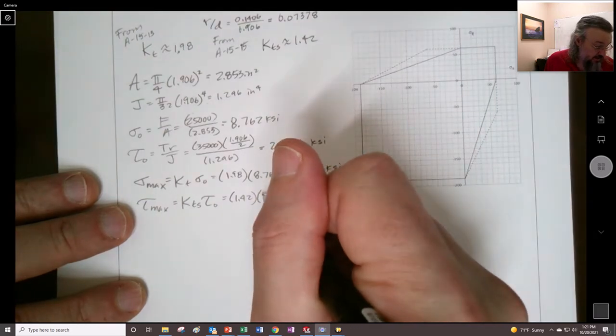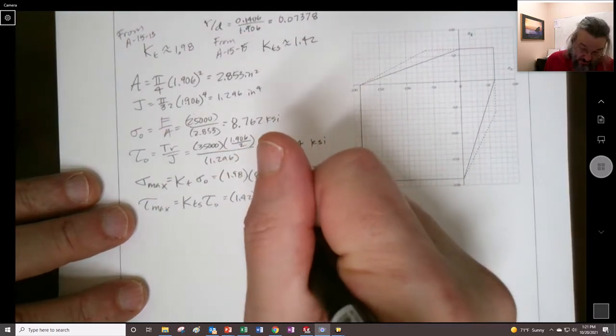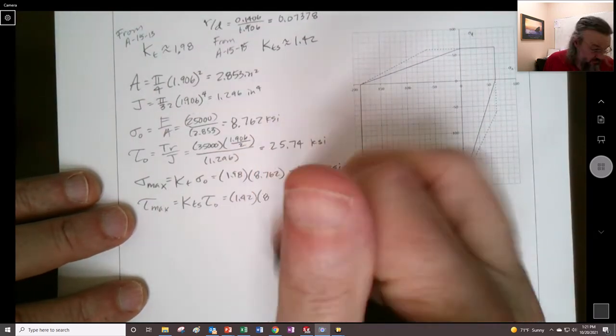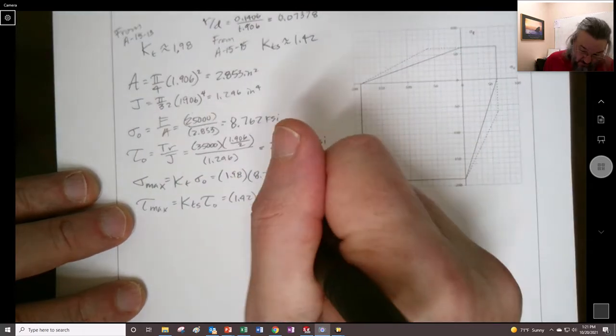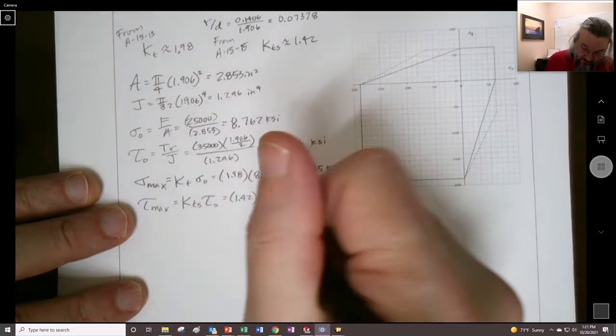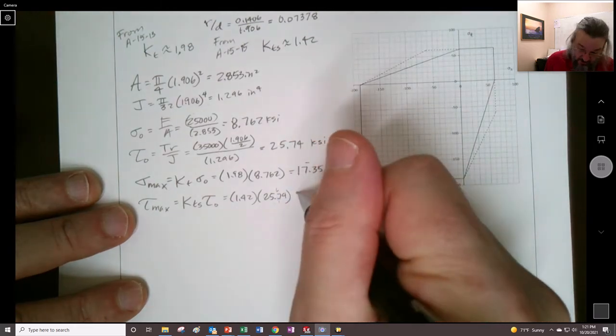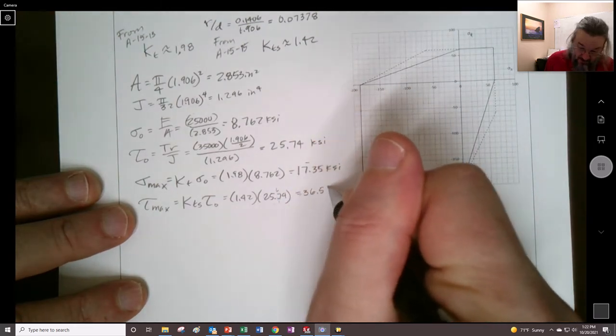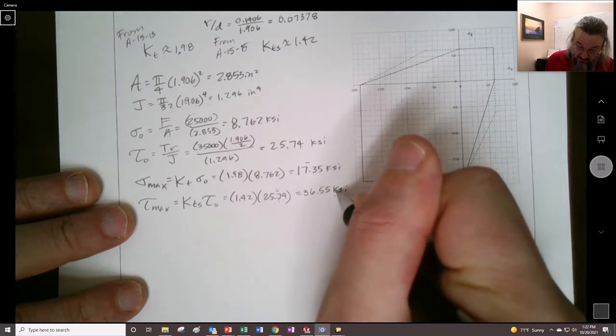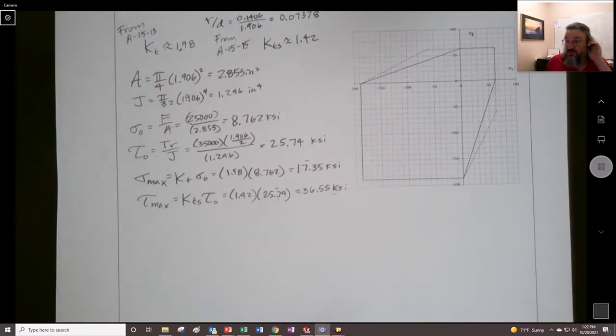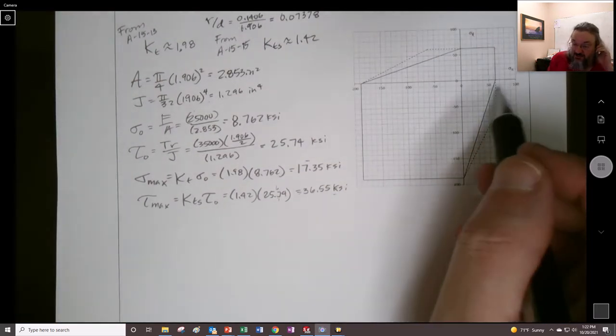Times 25.74, and so we get 36.55 KSI. And now we need to get the principal stresses in order to use this, right?